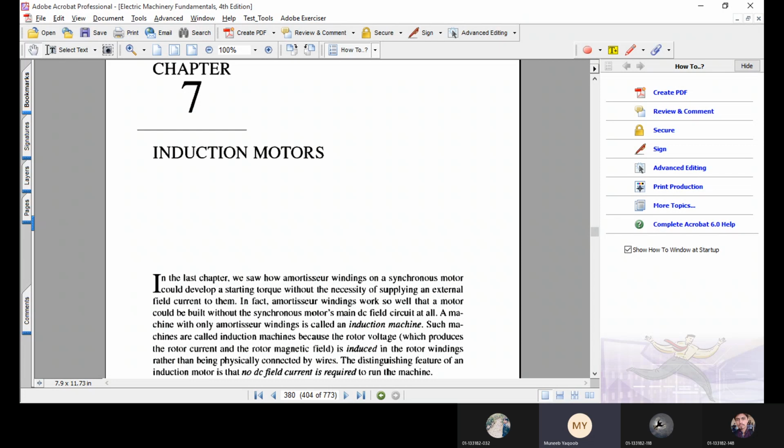Now coming to the rotor side. In induction motors, the rotor either consists of a cage known as the squirrel cage, or it consists of a dedicated separate three-phase winding.